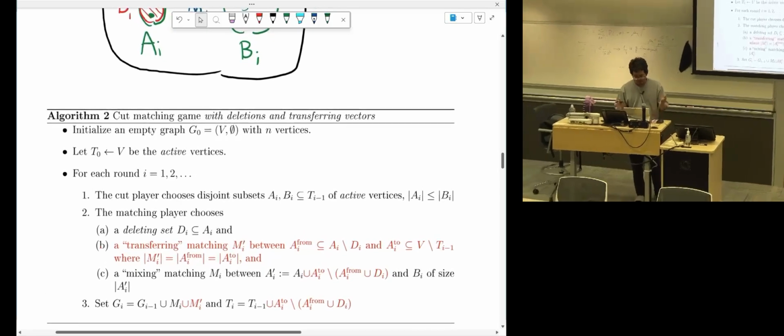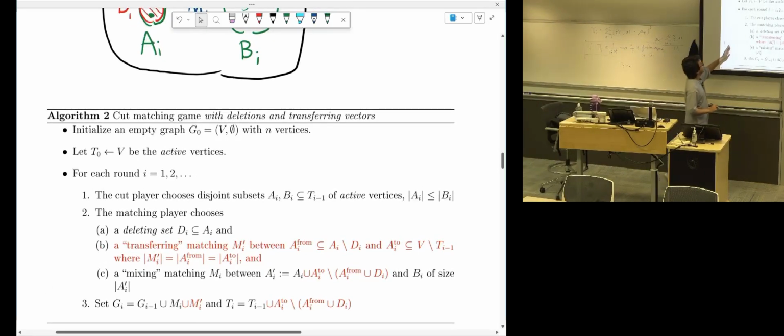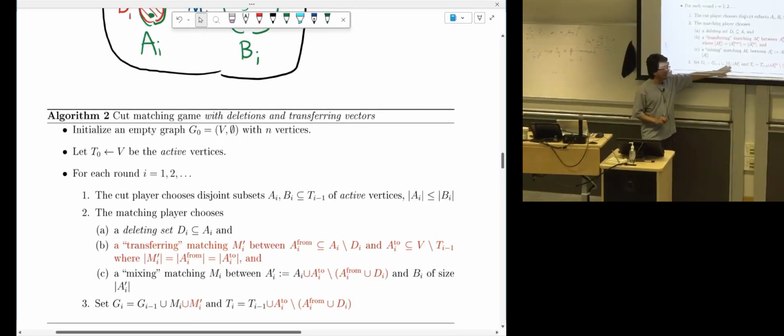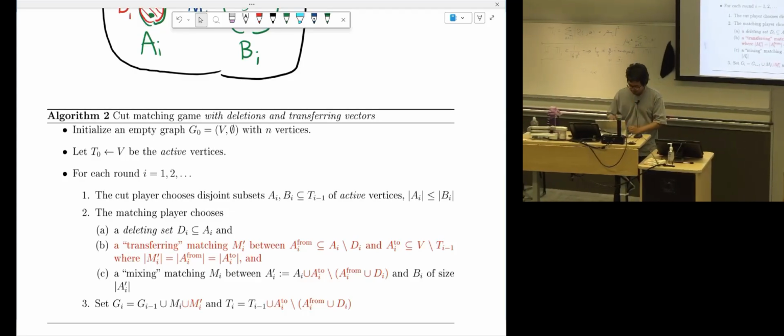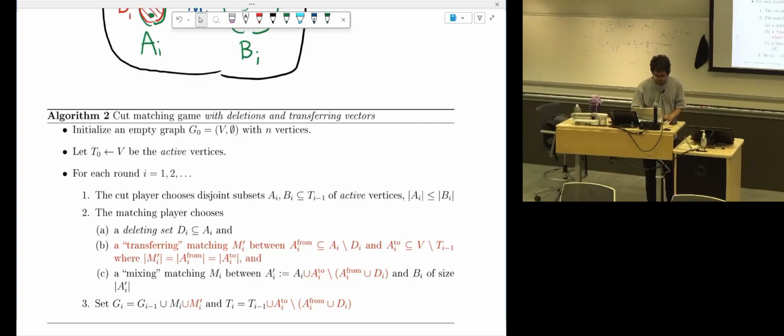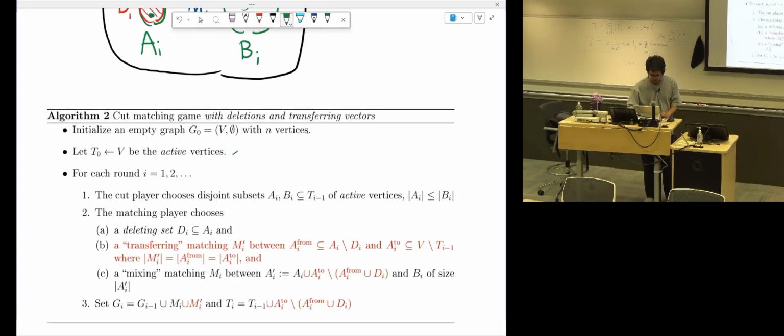And this is just a summary of what I just said. It's really the same thing, where you start with an empty graph.